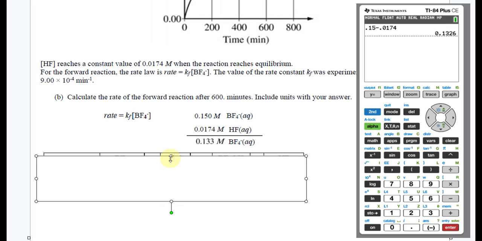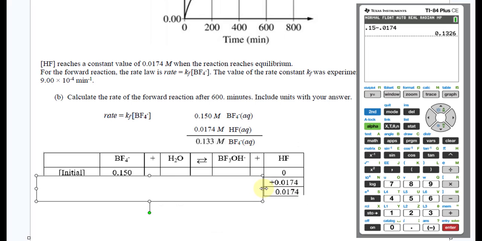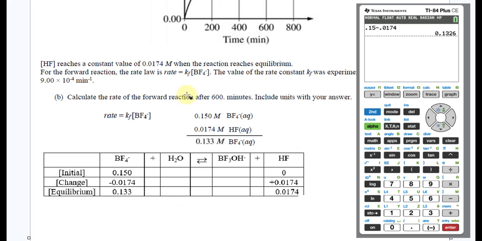Here's my reaction, here's my initial. I'm starting off with 0.15 molar of my reactant. That's easier to say than tetrafluoroborate. And then the HF increases to become 0.0174, so we know what happens in terms of changes. If you couldn't see this, then the ice chart would make sense to you.